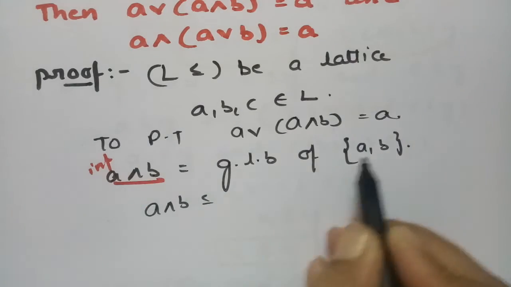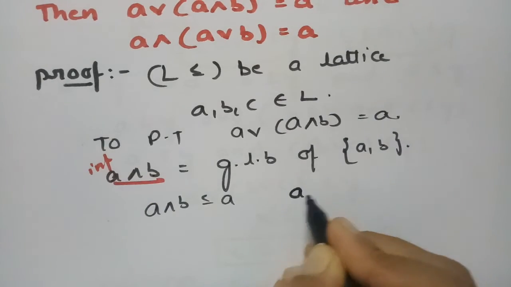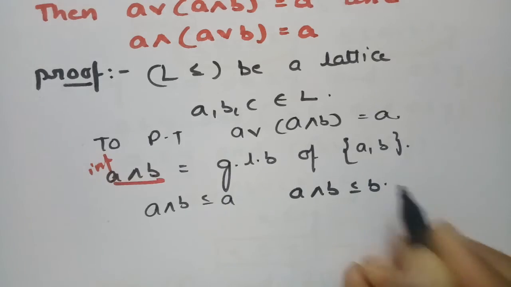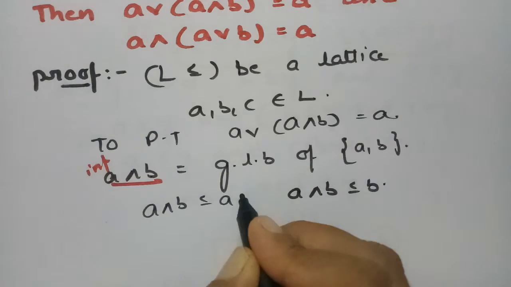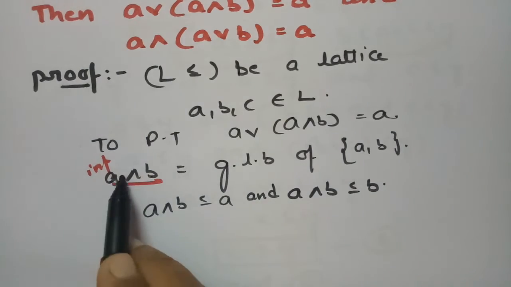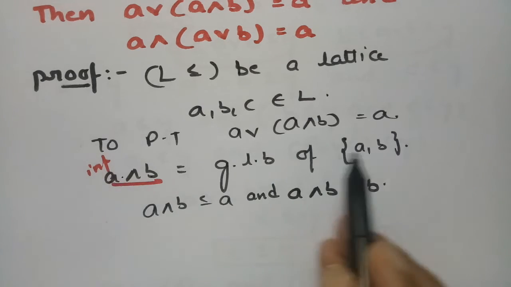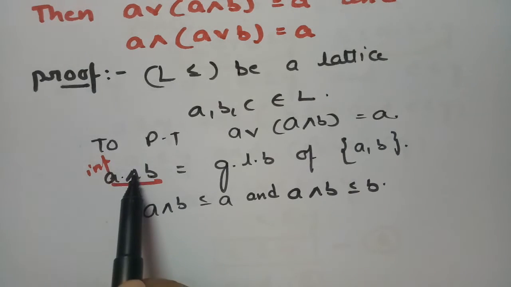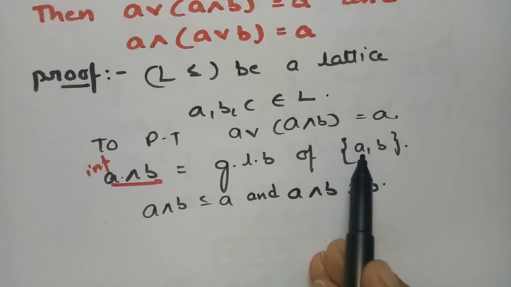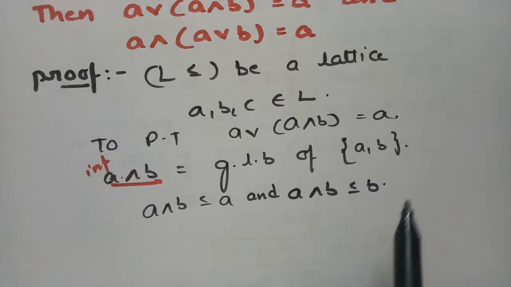The infimum value will be the least value for the set, A meet B less than or equal to A, and A meet B less than or equal to B. So there are two relations here. If this is the infimum value for the set A, B, this will be the least value, less than or equal to these two elements.